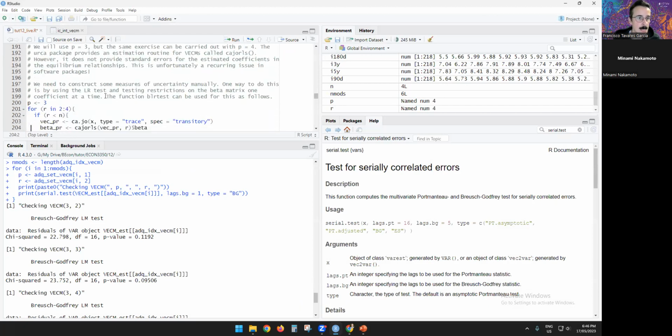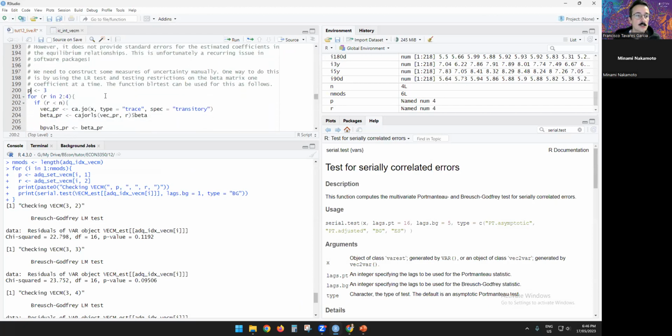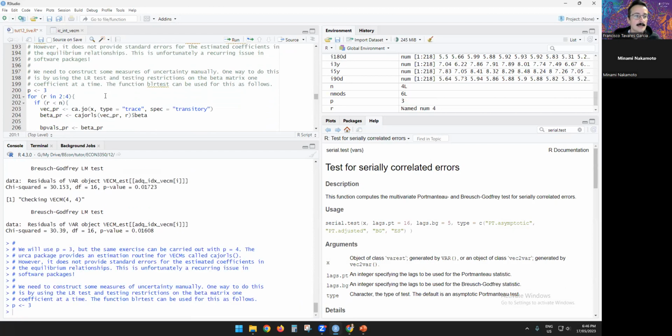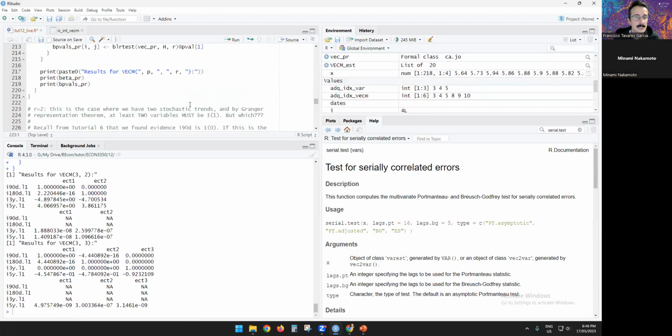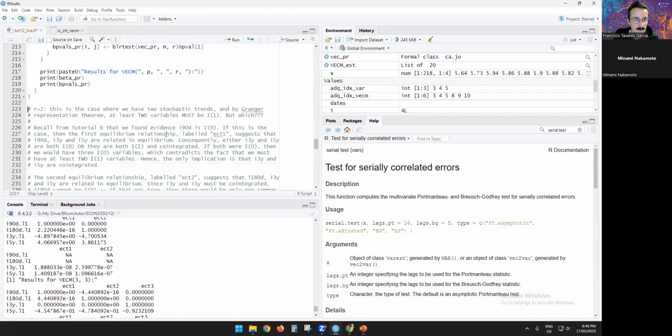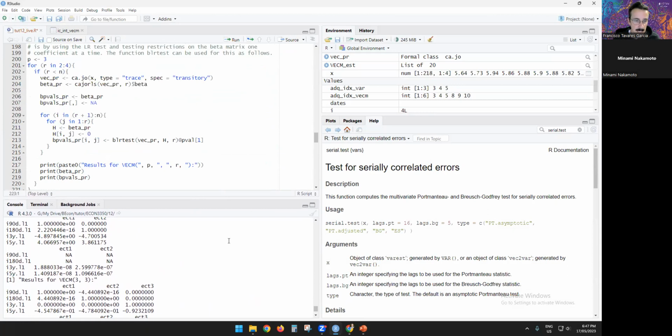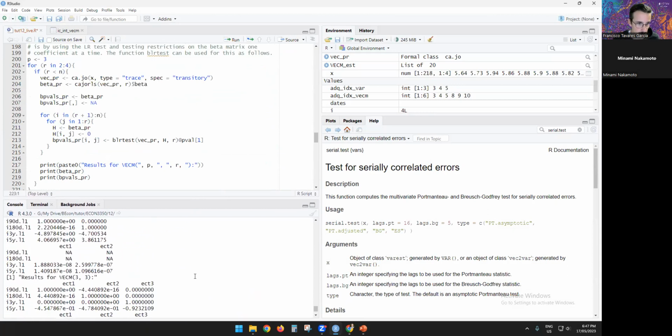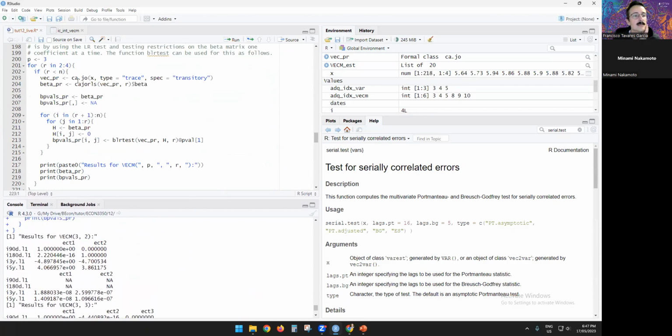Question 4. Now, we're choosing lag length 3. And for rank, cointegration rank from 2 until 4, which is what we have. We are running these lines, and let me have one of them there on the screen.